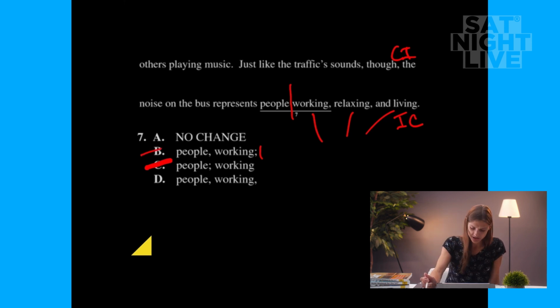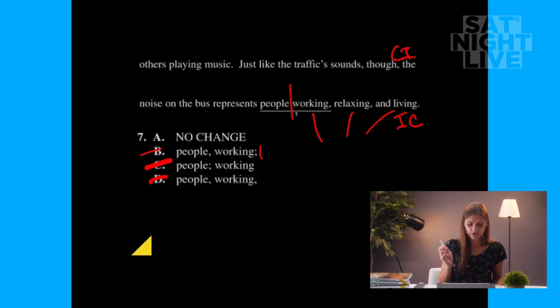You've got a 50-50 shot here. But let's read closely and see which will be the correct answer. So, people, comma, working, or people, no comma, working. Well, if we put a comma, it would be "represents people, working, relaxing, and living." So the list would be 4 things. It would be people, working, relaxing, and living. But that seems kind of funny, right? Because it's the people who are working, relaxing, and living.